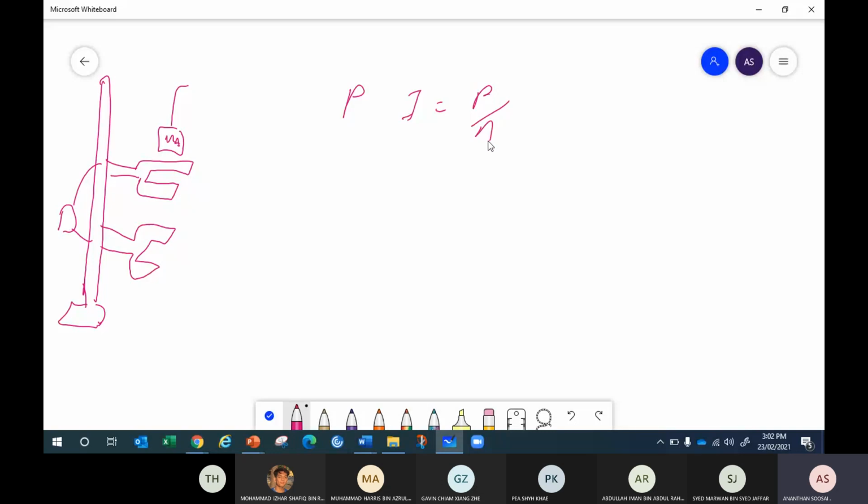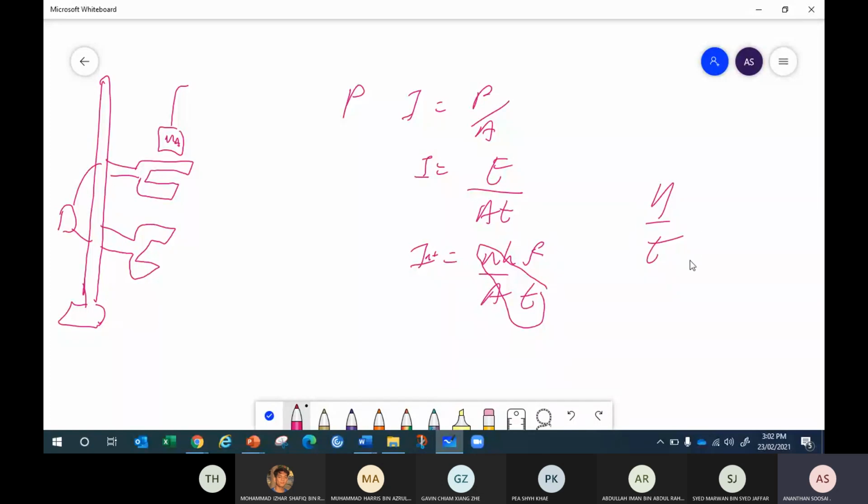I told you, power over area, so energy over area time. So energy is nhf over area time. So intensity, and they say the N over T is greater, the photocurrent is greater. Based on this, they're explaining it.